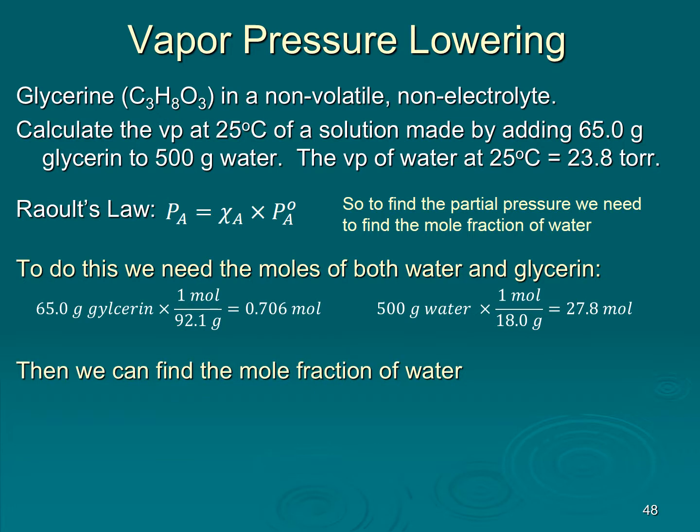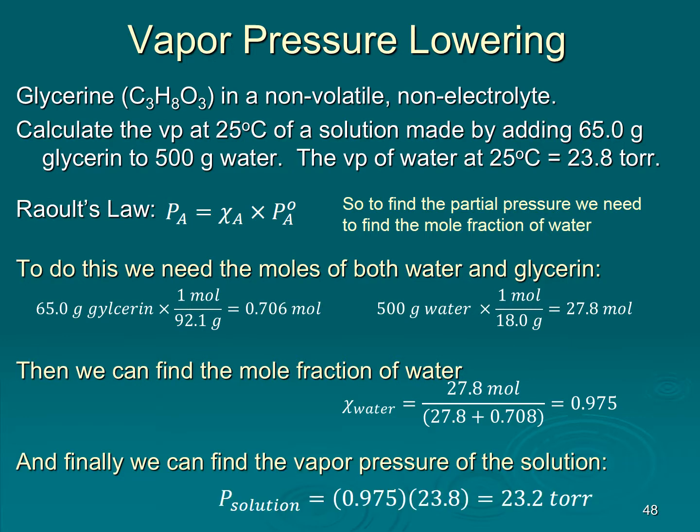So the mole fraction of water is 27.8 divided by the total 27.8 plus 0.708, which gives us a mole fraction of 0.975. And so the vapor pressure will be 0.975 times 23.8, which is 23.2 torr. So it lowers it just a little bit.